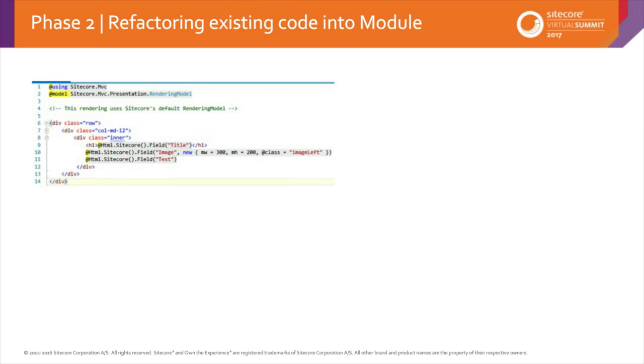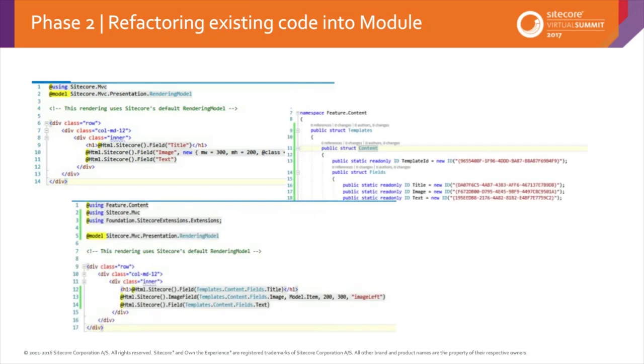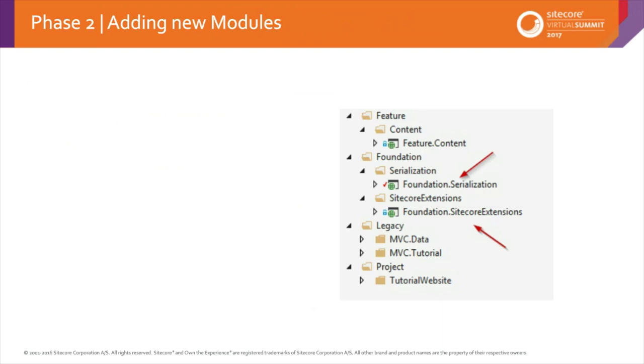This is how the view rendering content looked when I opened it. So I tried to leave it a little bit prettier than it was before. It's still not perfect, but I believe that I made it a little bit prettier. So I added, in this phase, 2 new foundation modules, which were needed.